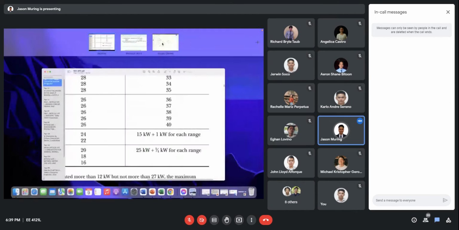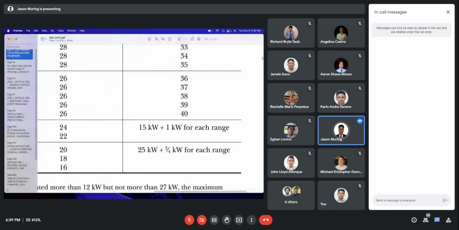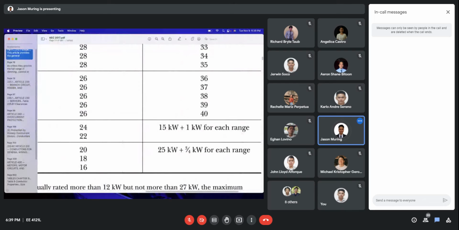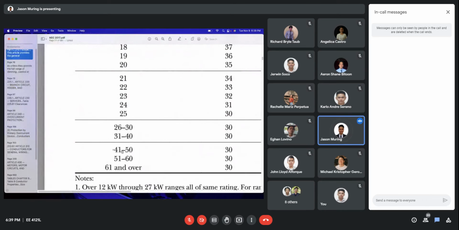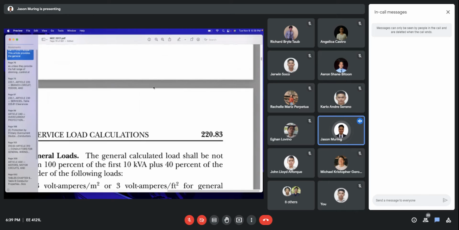Okay, so there are 50, so we multiply it by 50. That's why we still have to multiply it by 50, because it's not always 50. It could be 41, 42, 43 until 50. So that's why you have to be specific here. So always look at the ranges of the feeder. Okay, so 25 plus 3/4. Okay, so correct.